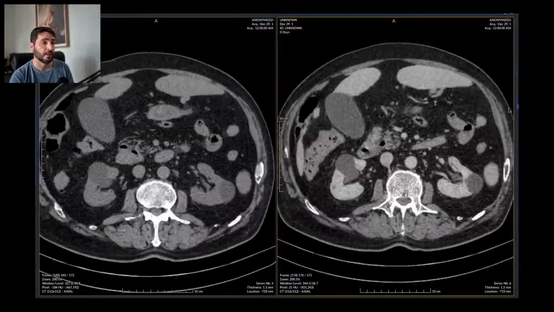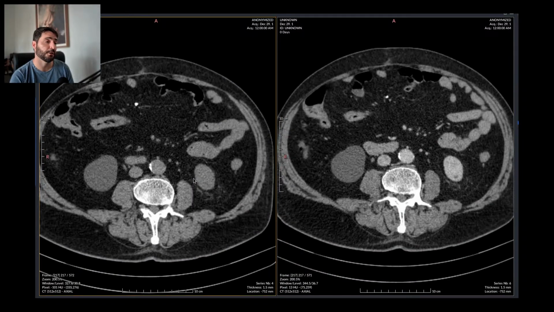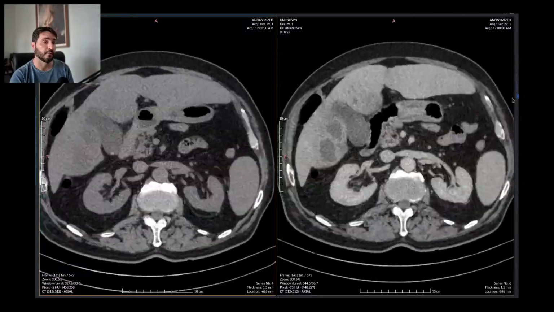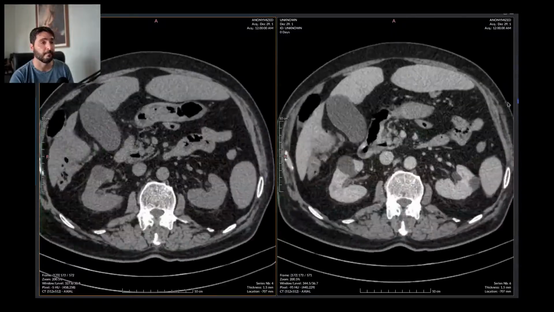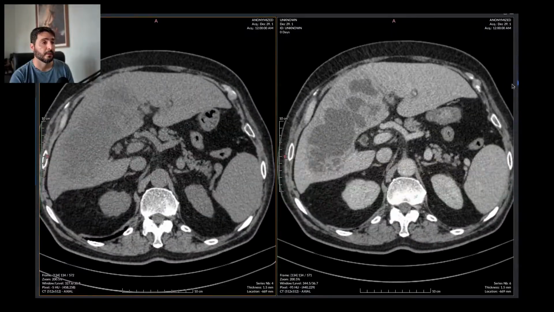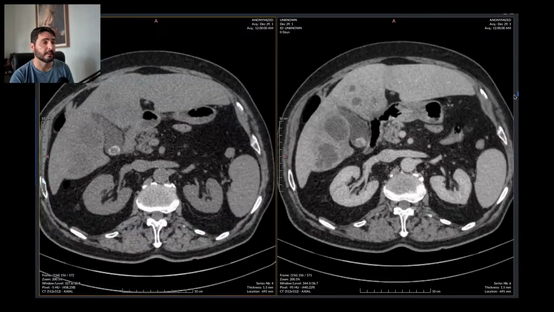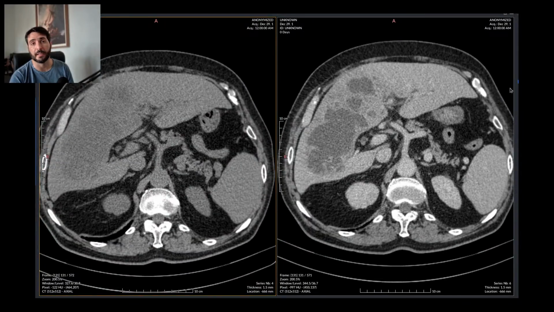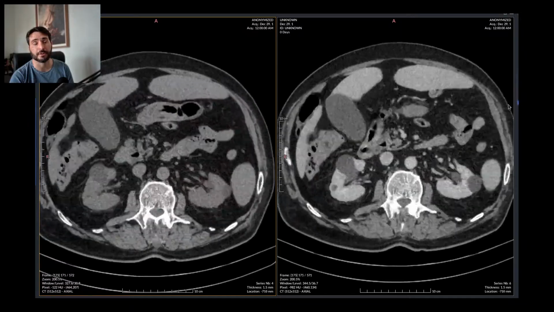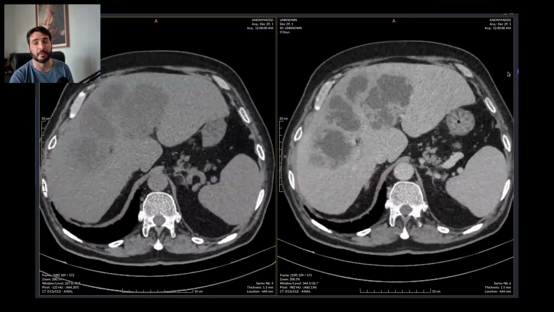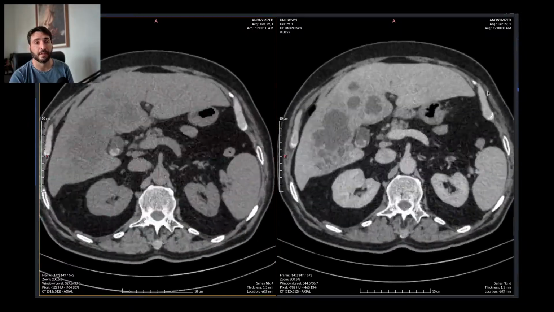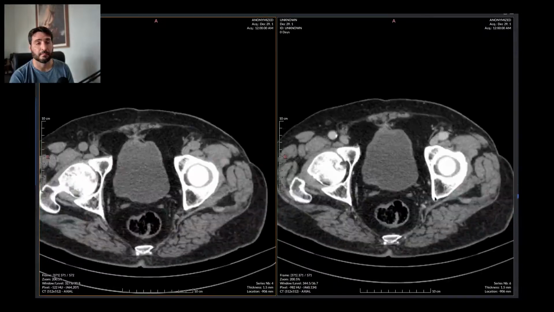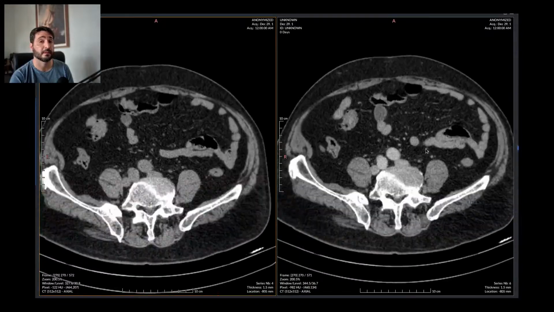We also have some vascular calcification on the aorta. We also see some lymph nodes at the hepatic hilum, which are pretty common in this infectious setting. Oh, this is not a female patient.